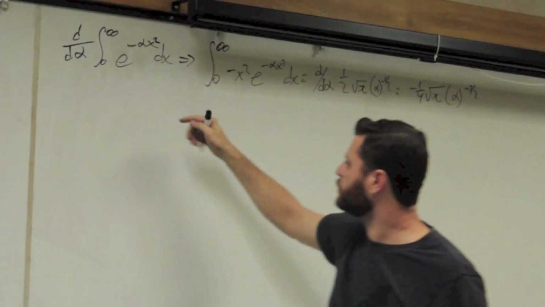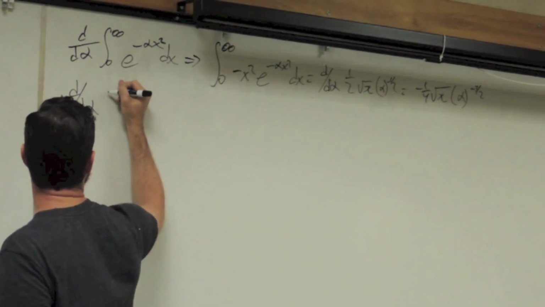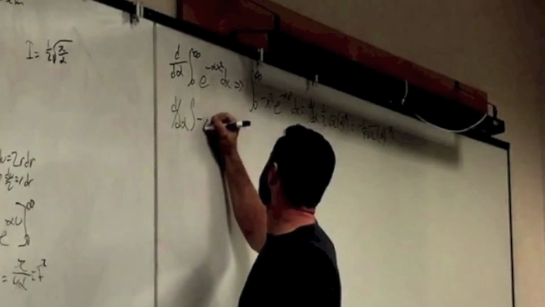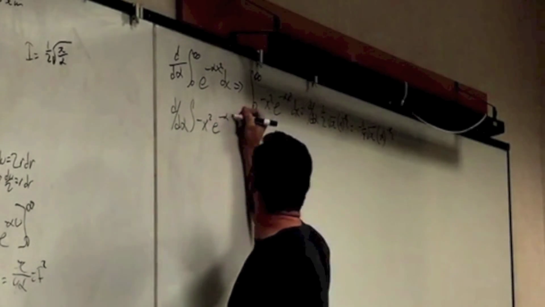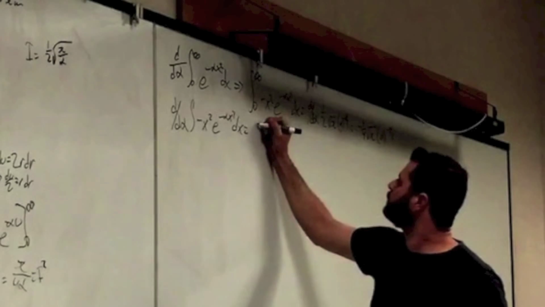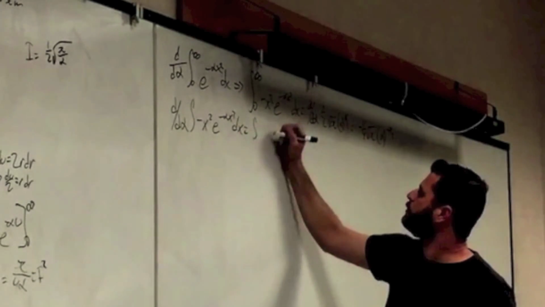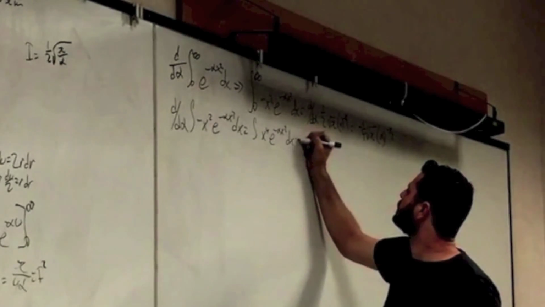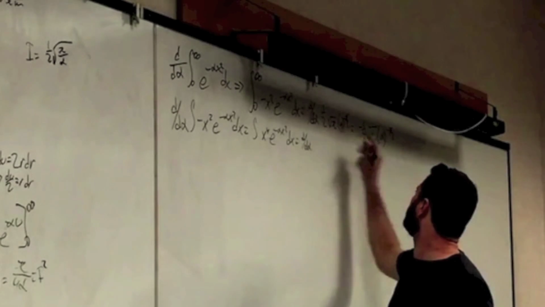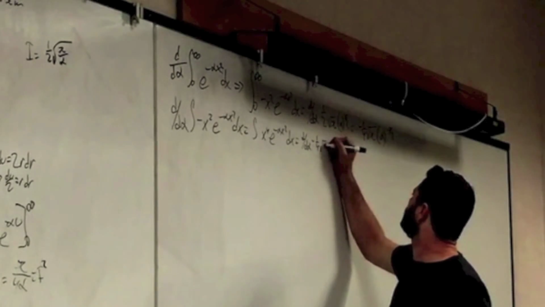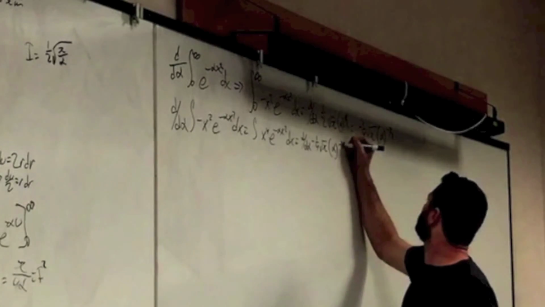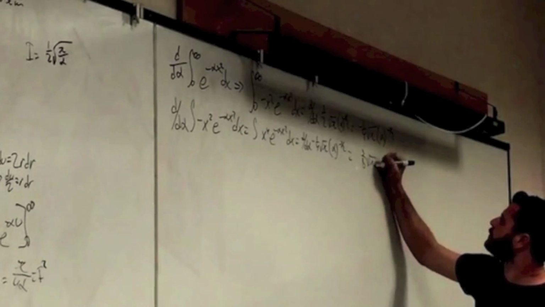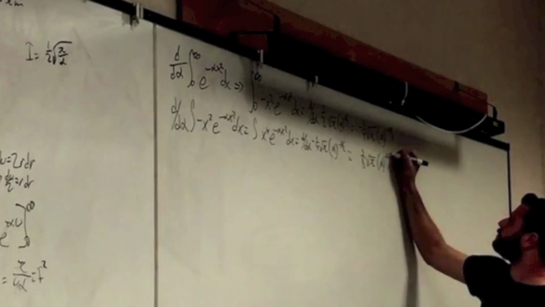And then we're going to just do this whole process one more time with respect to alpha of this integral. Move the derivative inside. You get x to the 4th e to the negative alpha x squared dx, which is the derivative with respect to alpha of this answer, which is 3/8 square root pi times alpha to the negative 5/2.